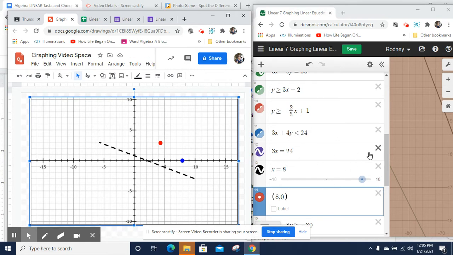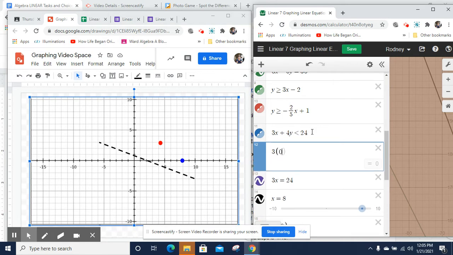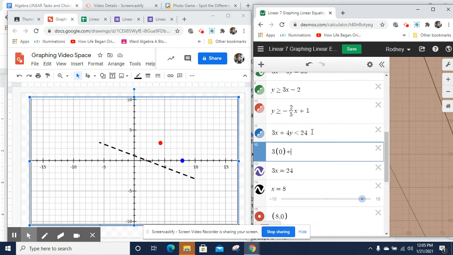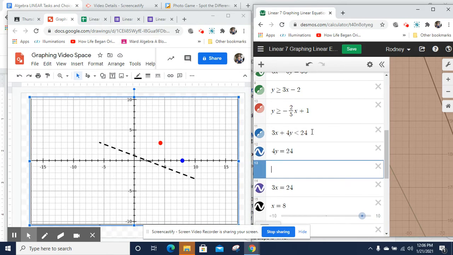The y-intercept is the same basic procedure. In this case, x becomes 0, so we figure out what y is. So if x is 0, we do not care about 3x. 3 times 0 plus 4y. And we're going to treat it as an equation, so we can solve it. We don't care about 3 times 0. We just care about 4y. And so 4y equals 24.